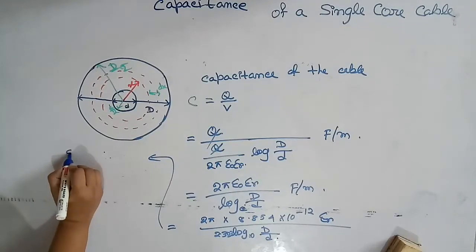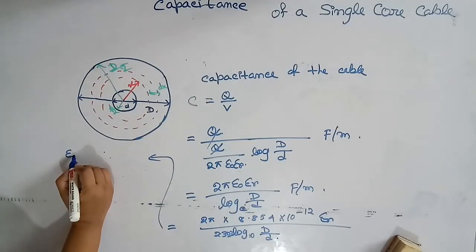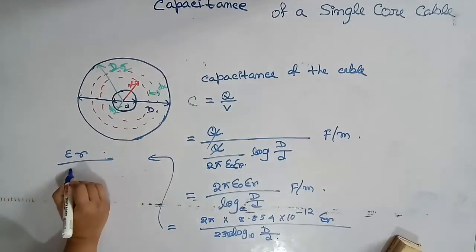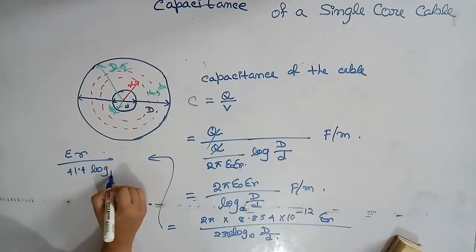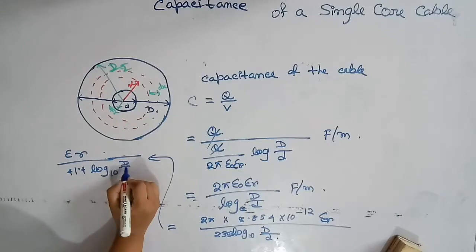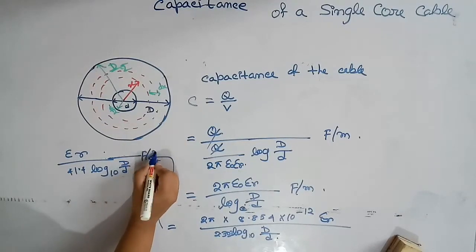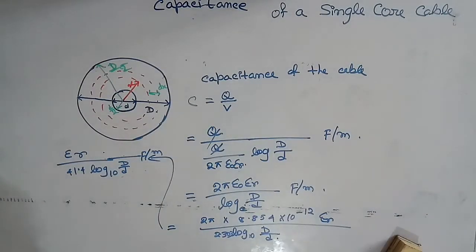This equals epsilon r by 41.4 log 10 D by d farad per meter. You have to remember this expression.